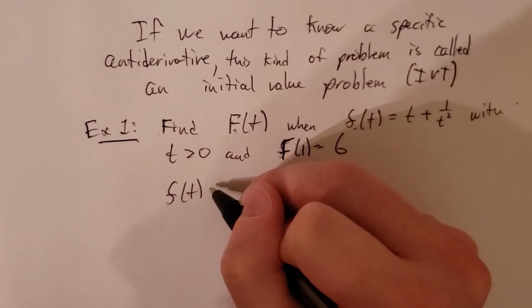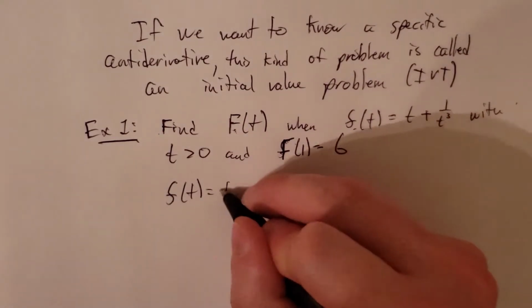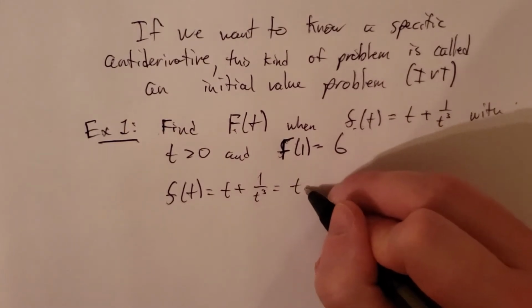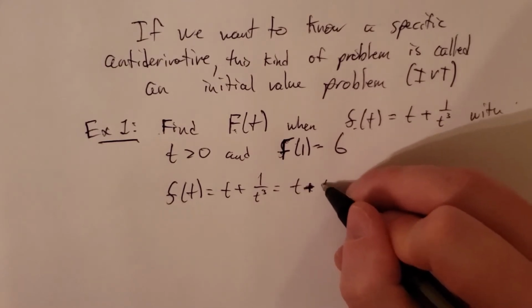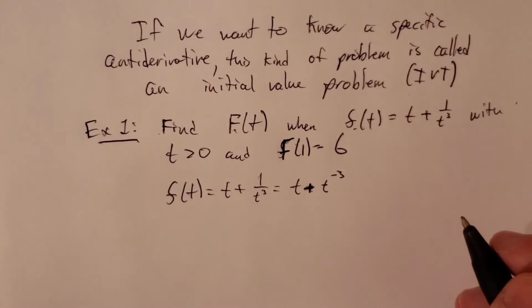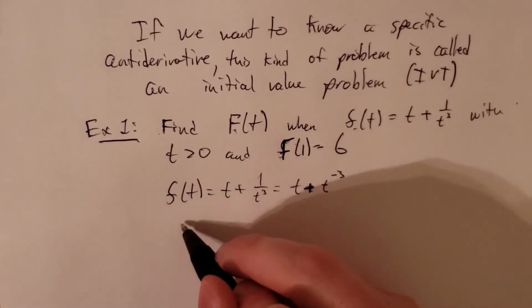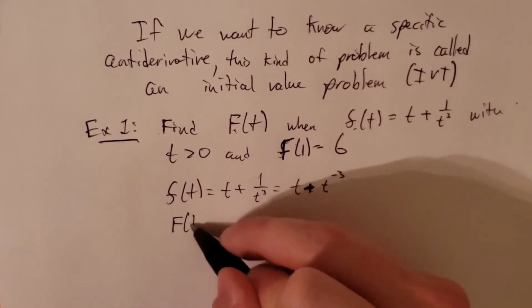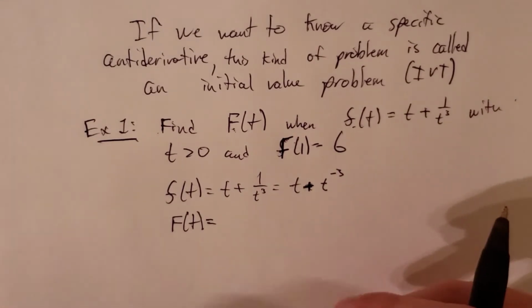Well, first off, f of t was, I'll just rewrite it here, t plus 1 over t cubed, or in other words, t plus t to the negative third power. Well, what is our antiderivative of that? We need to use our rules from before.